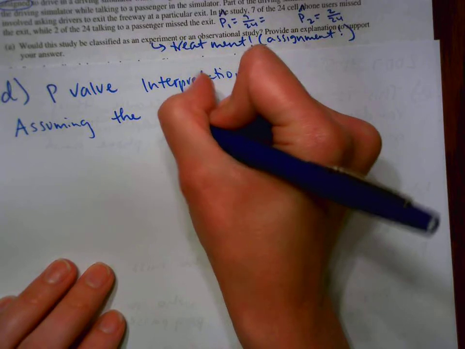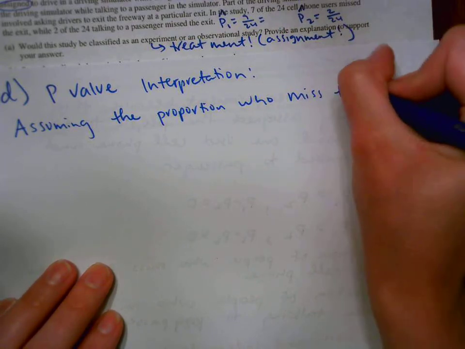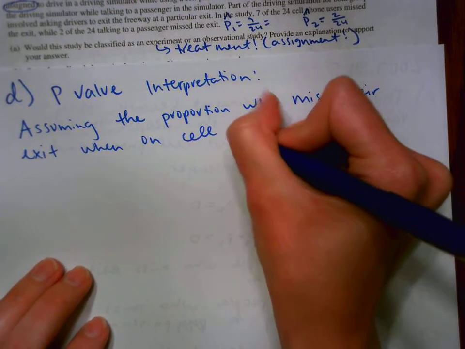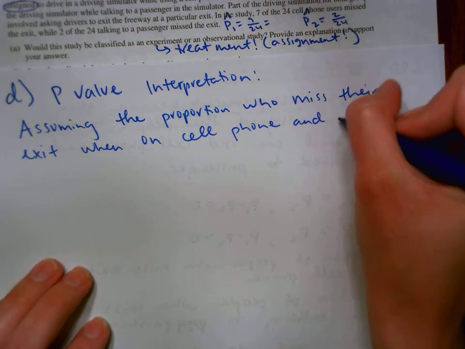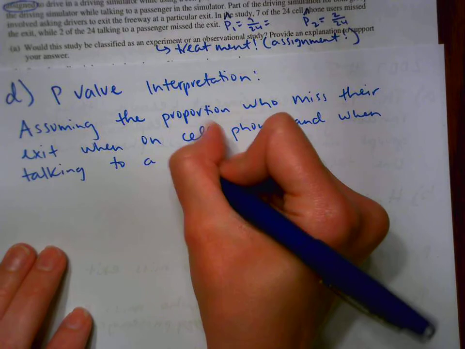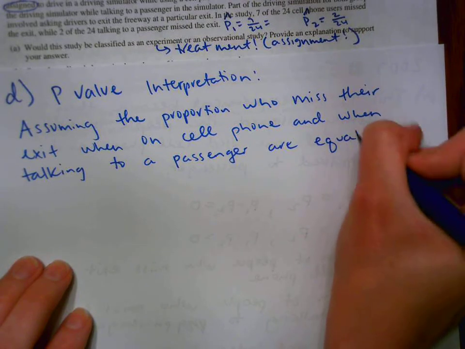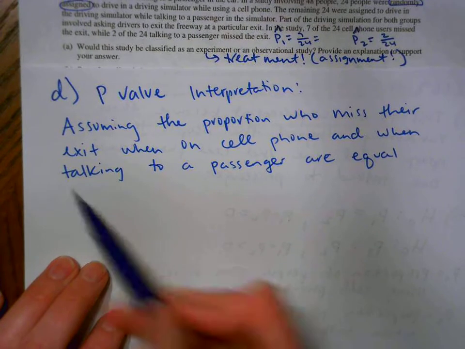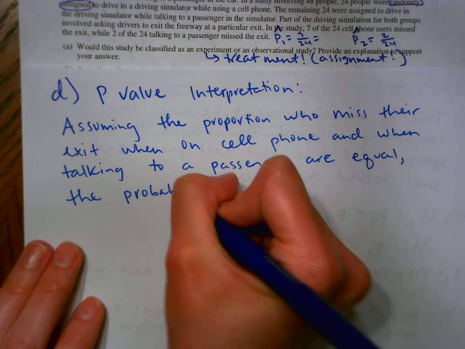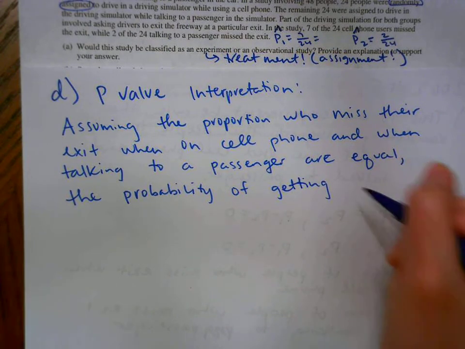Assuming the proportion who missed their exit when on a cell phone and when talking to a passenger are equal, that's all just saying assuming the null is true, our p-value is the probability of getting our sample result.